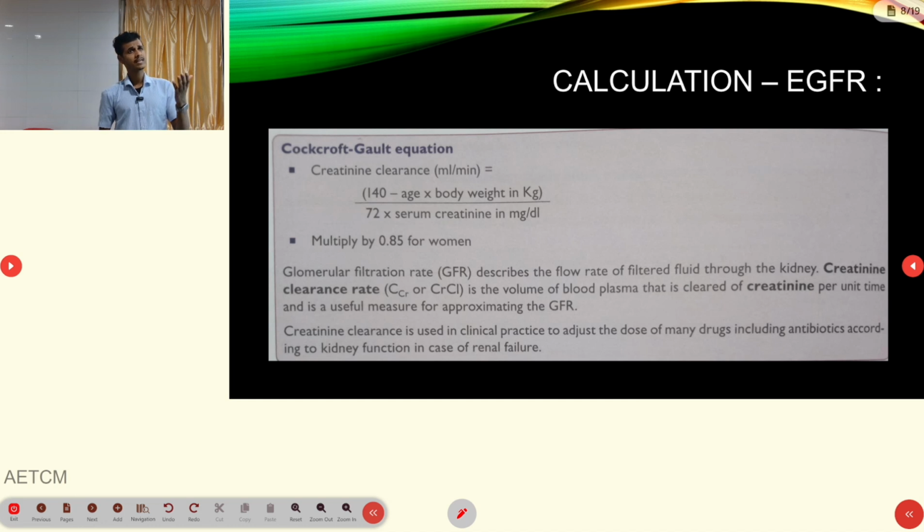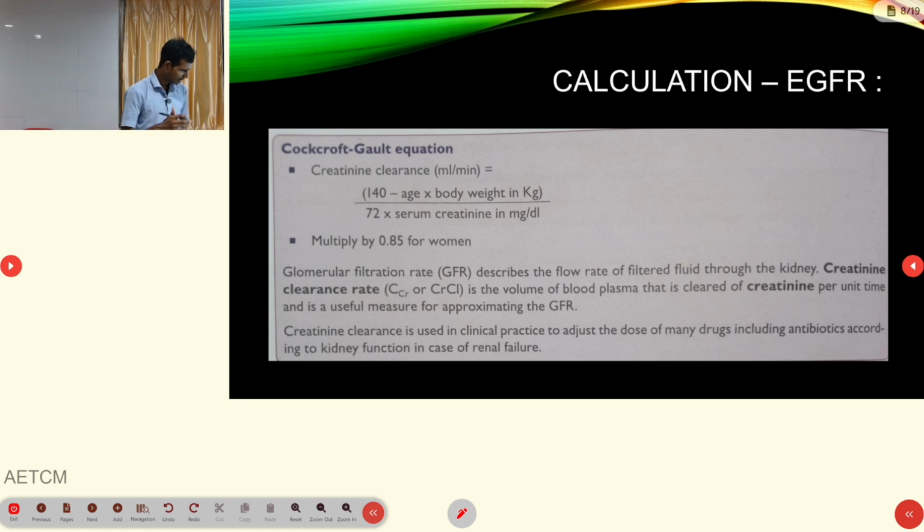So this is the eGFR calculation. Commonly with the value of creatinine, we will calculate the eGFR. There are many methods. This is one of the equations, like creatinine clearance: 140 minus age, into body weight in kg, divided by 72 into serum creatinine in milligram per deciliter.